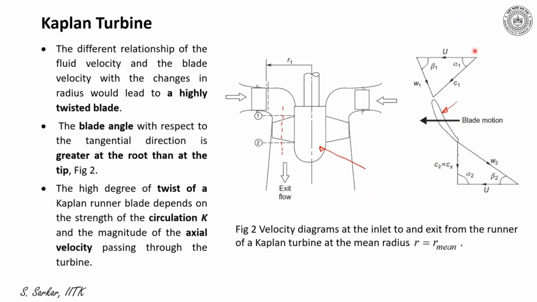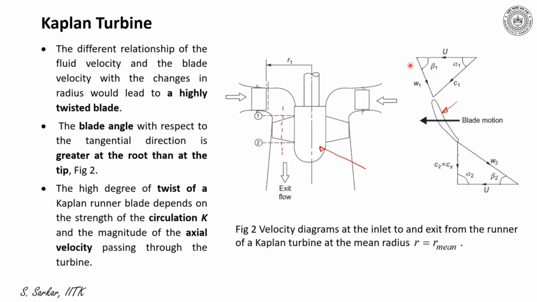Therefore, at inlet, U plus W1 would give C1. W1 is the relative inlet velocity, and C1 is the absolute velocity, where U is the blade speed. Similarly, beta 1 is the inlet relative flow angle, and alpha 1 is the absolute flow angle at inlet.